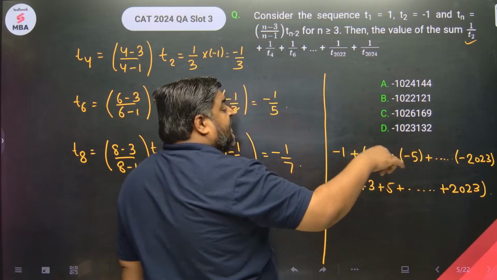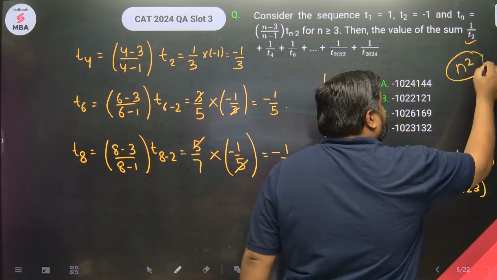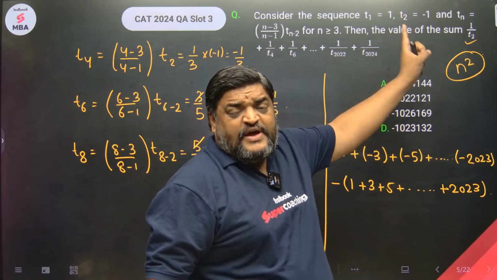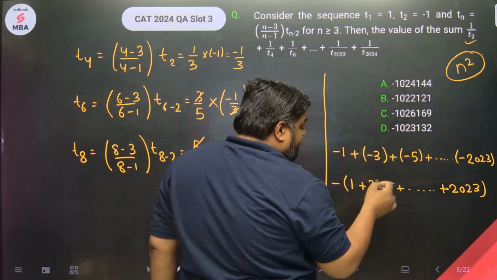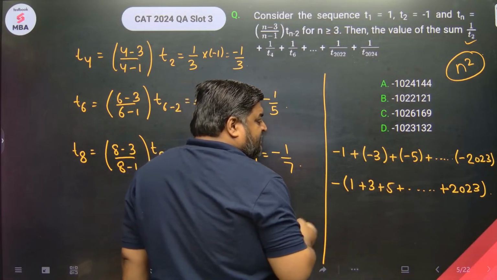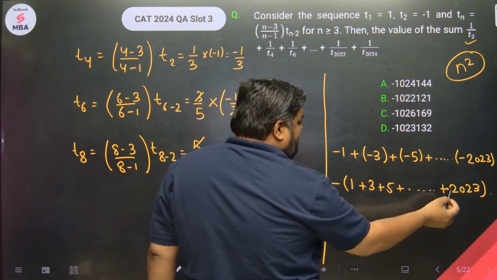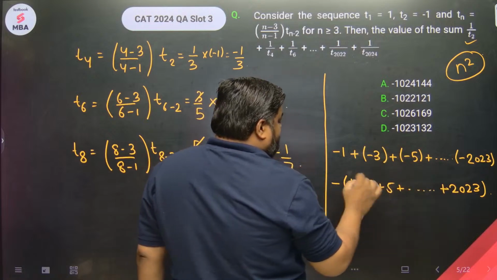Sum of first n odd numbers is n square, where n is number of terms. But इसमें number of terms कितने हैं sir? So number of terms is 1012. कैसे? This is the first term, this is the last term. Number of terms would be (2023 plus 1) by 2.